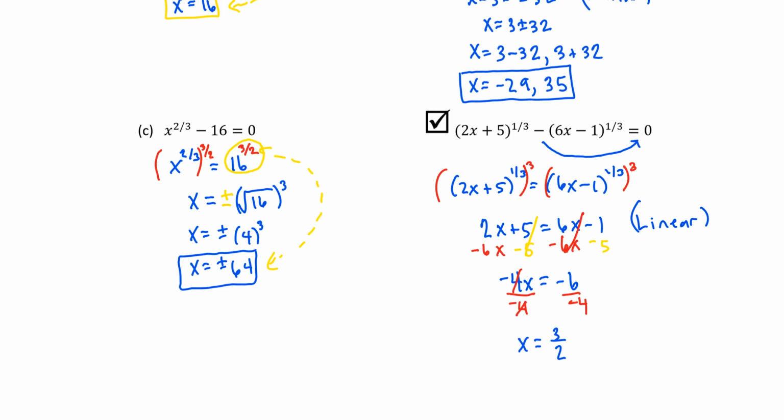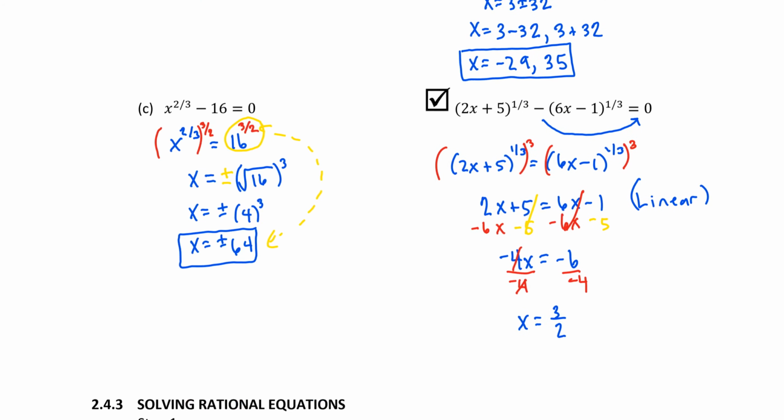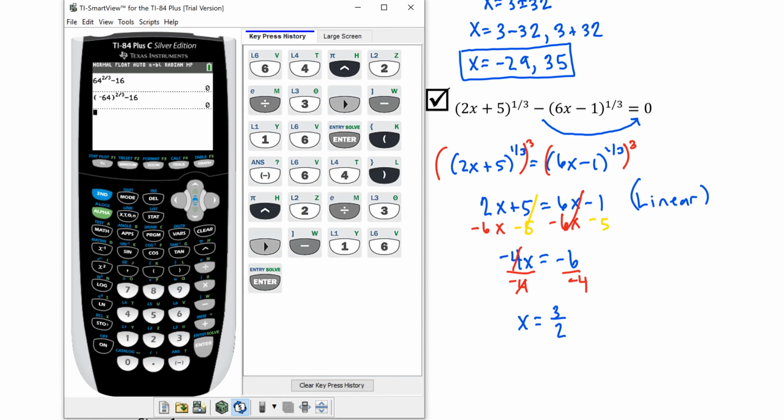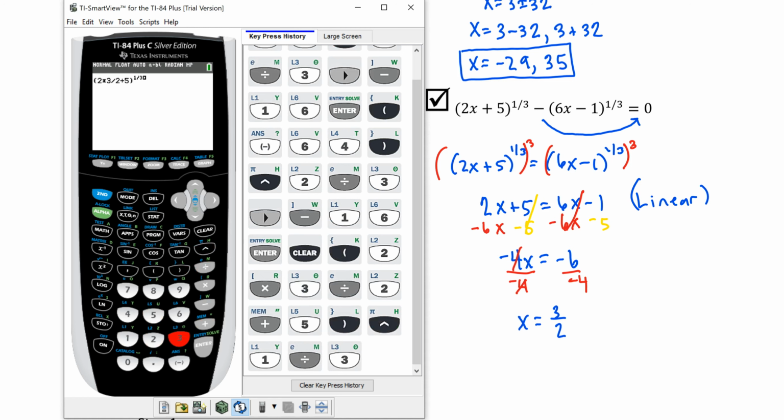Let's be sure that this is the correct answer. Get in the habit of checking your work with your calculator, and you'll be able to catch mistakes. If you find some sort of imbalance when you plug it in, that would prompt you to go back and work the equation again. All right, 2 times 3/2 plus 5 raised to the 1/3 power.